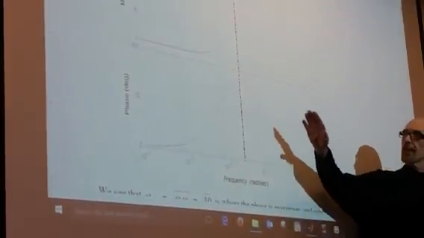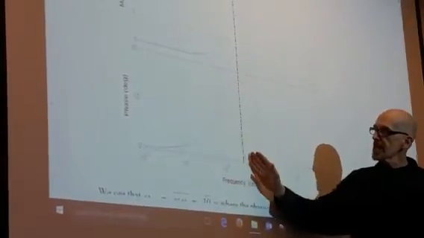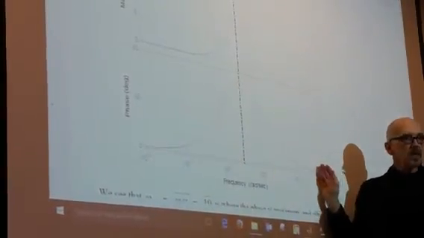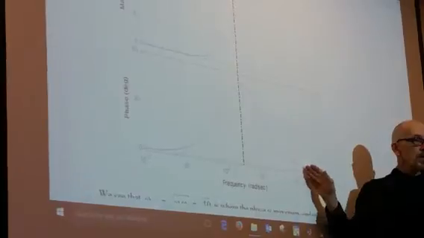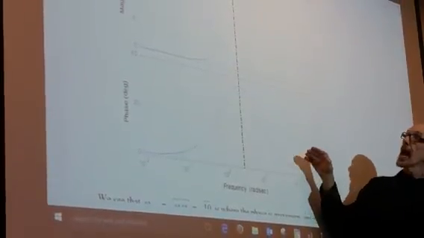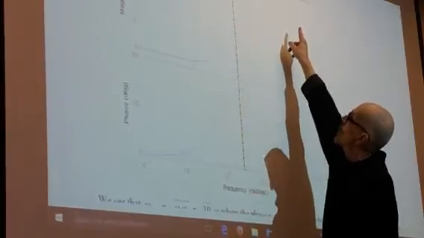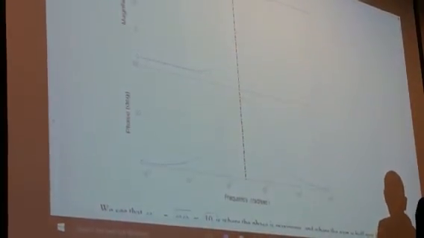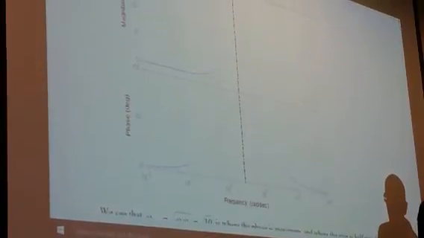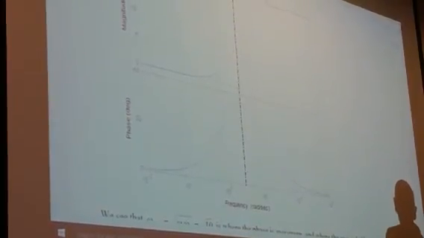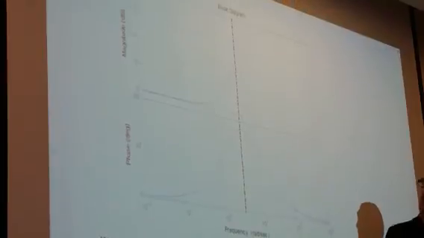The peak phase is at the geometric mean of omega 1 and omega 2. It's very symmetric. And you're halfway in decibels to the total high frequency gain of the compensator at that maximum frequency. So it's really nice in a visual sense.